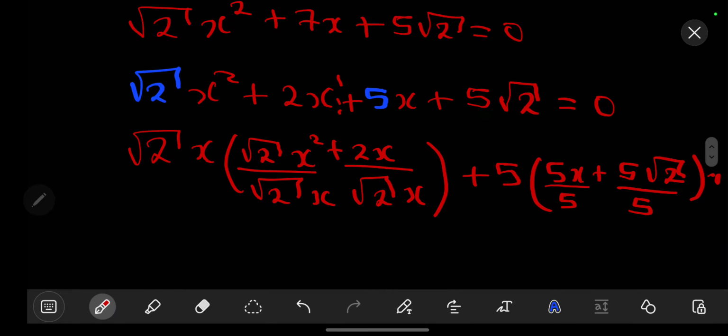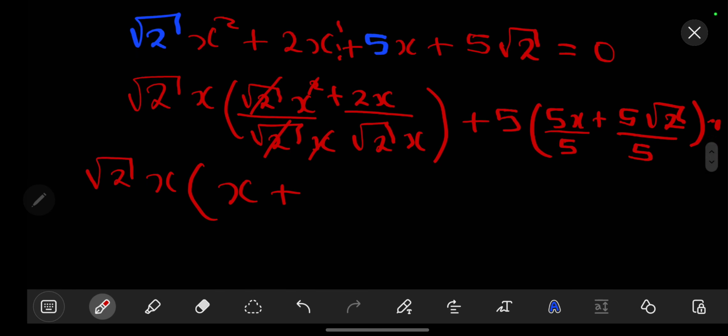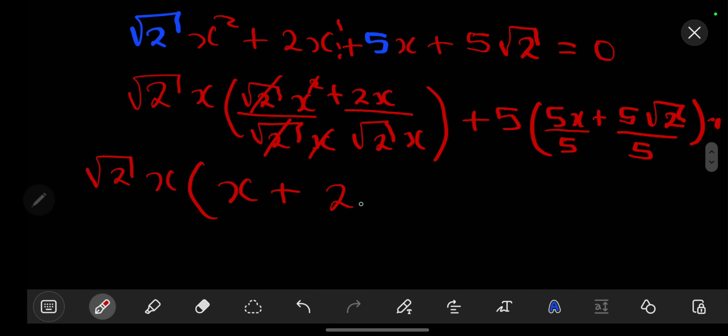So let's simplify. So we are going to have the square root of 2, like that, x, like that. Then this one and this one goes, this one and the power will go. So we are going to remain with x plus, now what we have here is a 2x. This x and this x goes, so we have 2 over the square root of 2, like that.